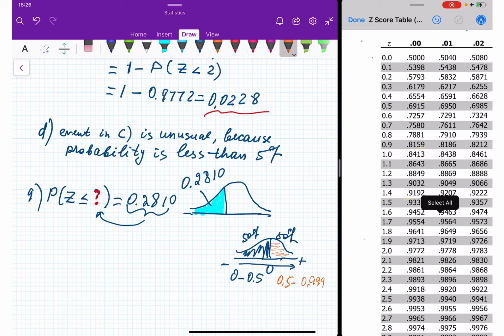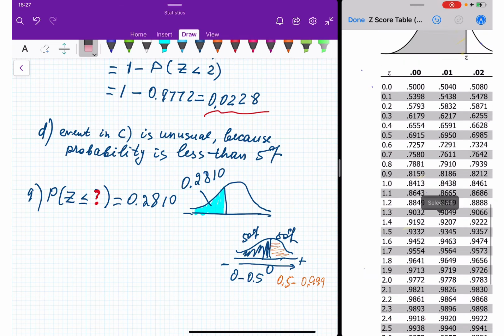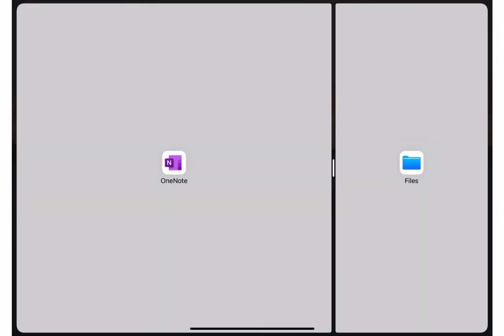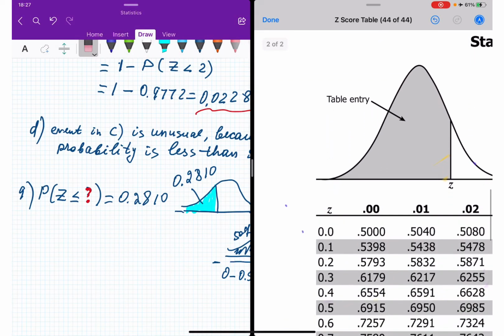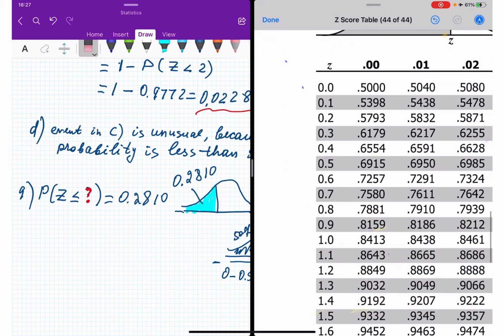Now we have 0.2810. It's less than 50%, right? Because it's 28%, which means I'm going to look in the negative z-score area. I need to zoom so I can find better. Oh, this is positive.